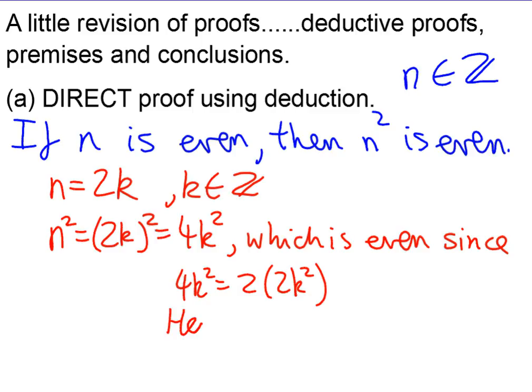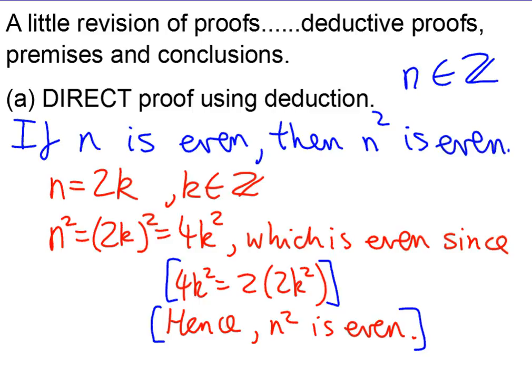Hence, n squared is even. Now, in writing a proof, sometimes we're tempted just to stop here because we feel that we've done it, and we feel good about that. But you should always write a closing statement.